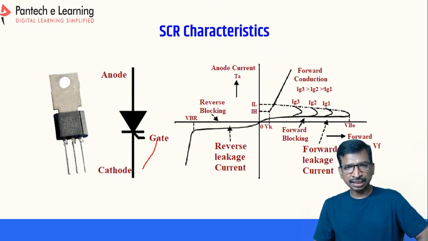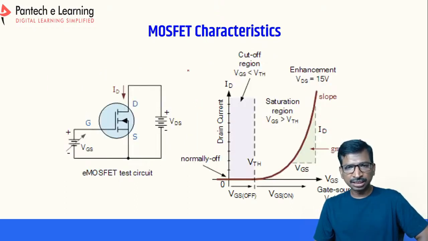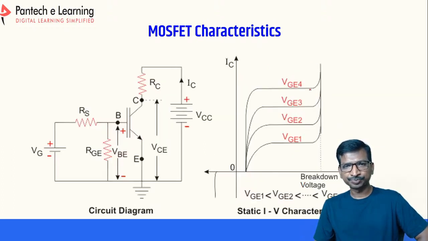Otherwise, we cannot latch the device. Similarly, for the MOSFET, if you increase the gate to source voltage, then we can increase the drain current. Otherwise, we cannot increase the drain current.